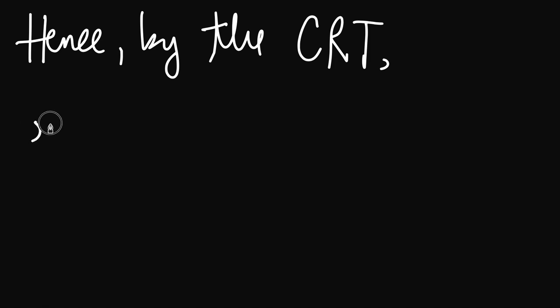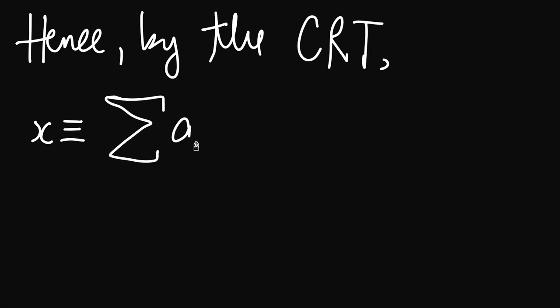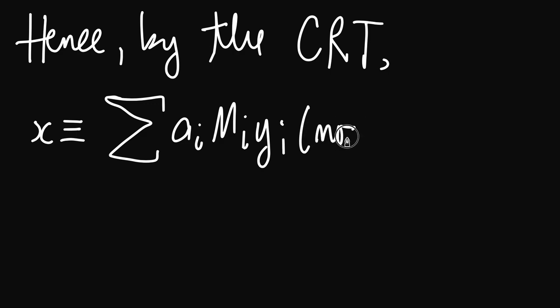What we have is x, the unique solution, is congruent to the summation of all the a sub i, big M sub i, y sub i, mod big M, for all i's running from 1 to 3, since we have three congruences in this system of linear congruences. So we will be putting in the values of a, big M, and y sub i. Okay, so we'll be putting those values there.